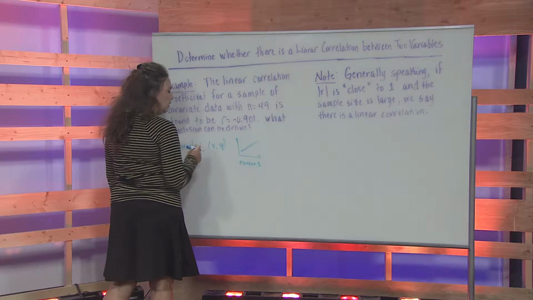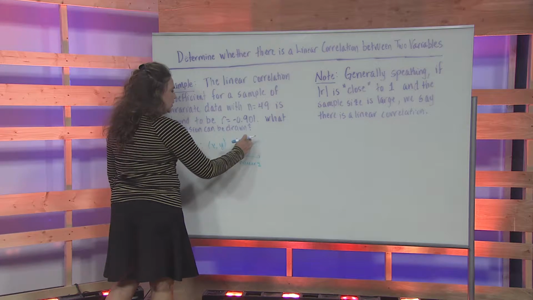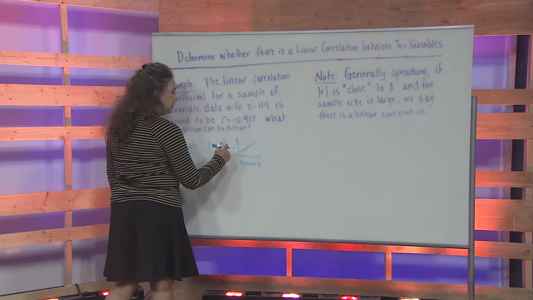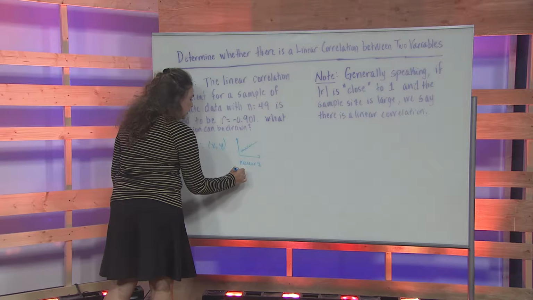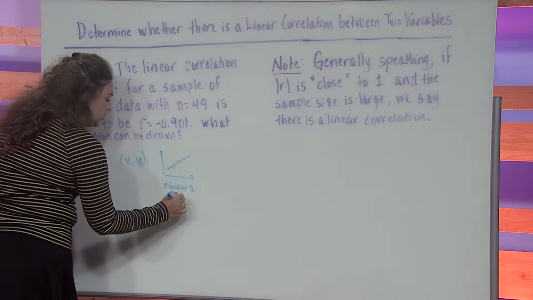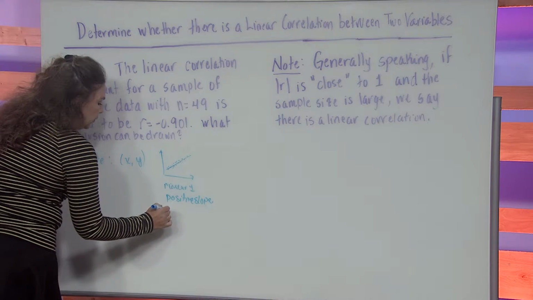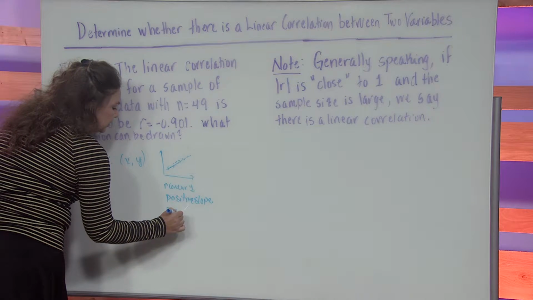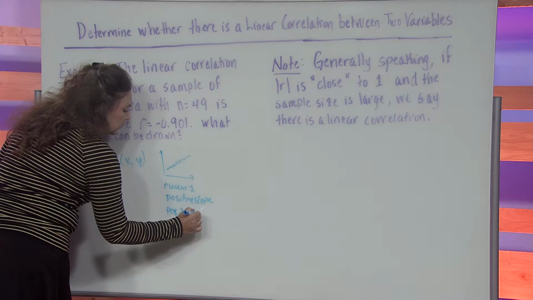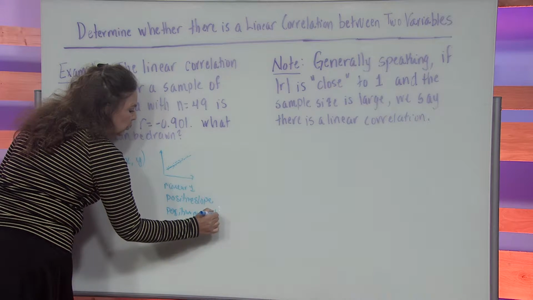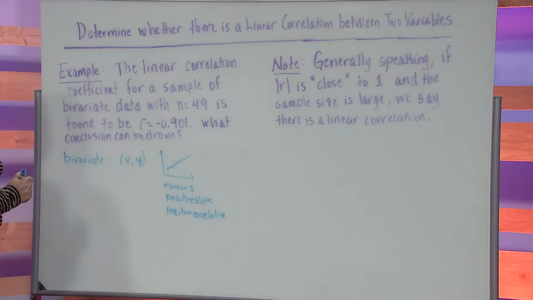Drawing a line through that data, as we read it from left to right, the line is increasing. So here we have a positive slope, and there would be a positive correlation.